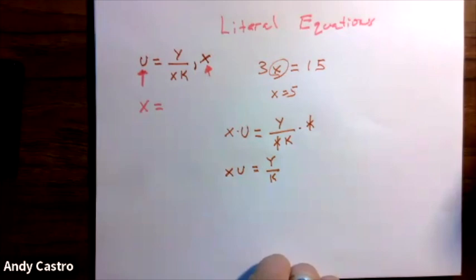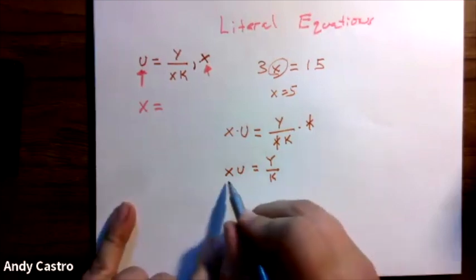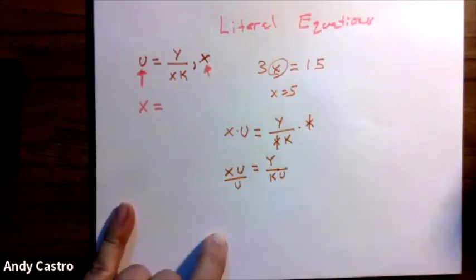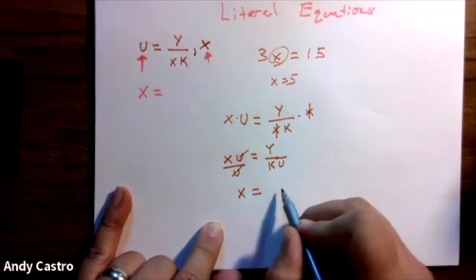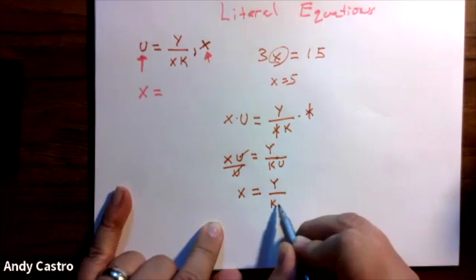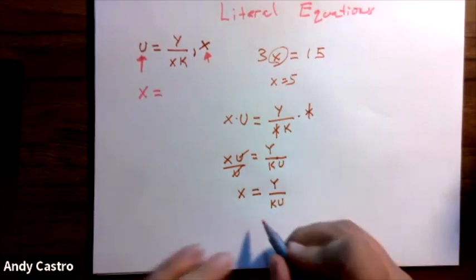All right. Now, if I want to get x by itself here on the left, I'm going to divide both sides by u. U will cancel on the left, and I'm left with x is equal to y divided by ku. All right, that is my answer.